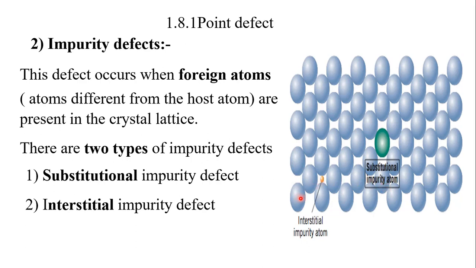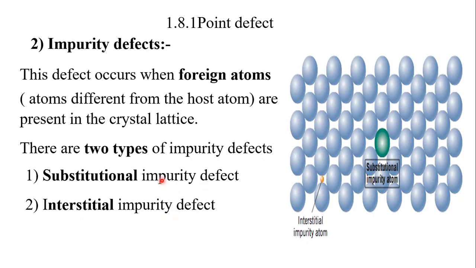And if the foreign atom acquires the interstitial site in the crystal lattice, that is the empty space between the lattice particles, then that is called an interstitial defect. So there are two types of impurity defect: substitutional impurity defect and interstitial impurity defect.